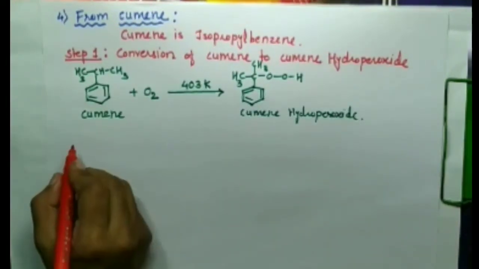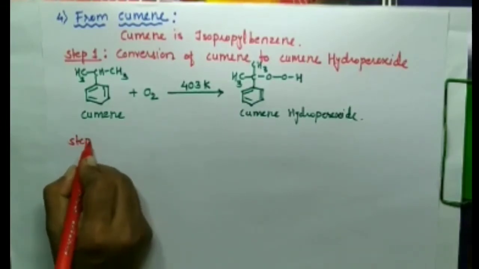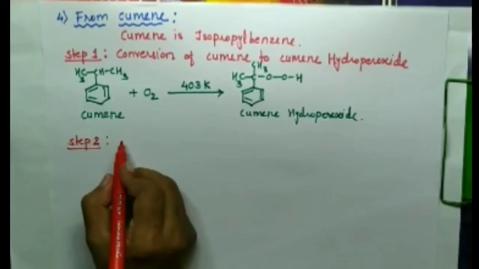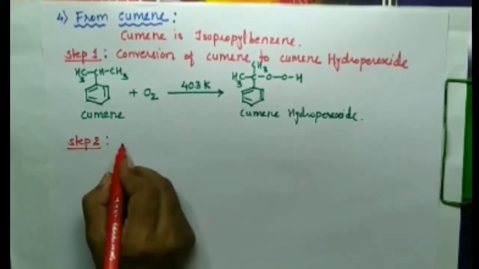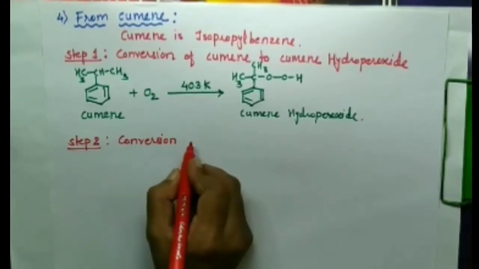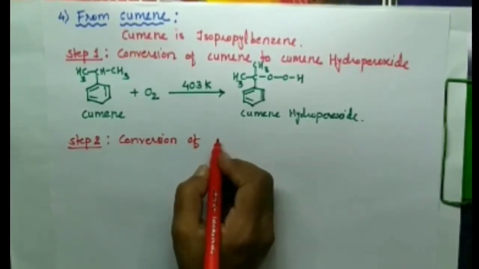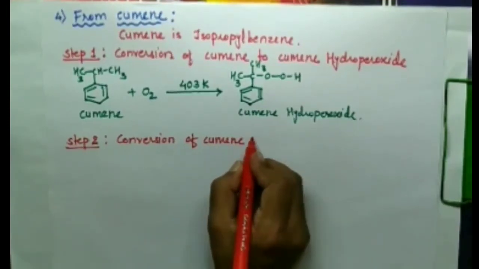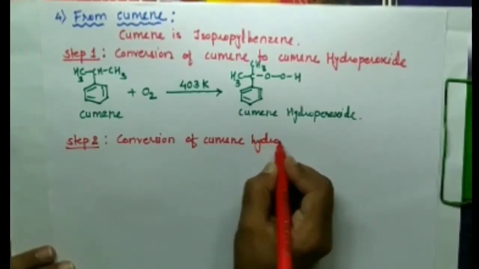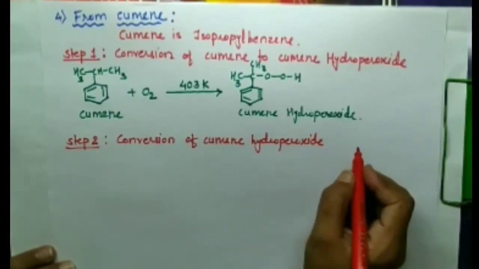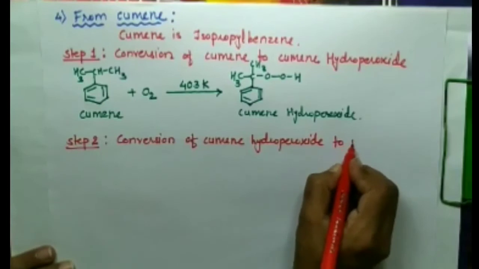Step 2 is conversion of cumene hydroperoxide to phenol.